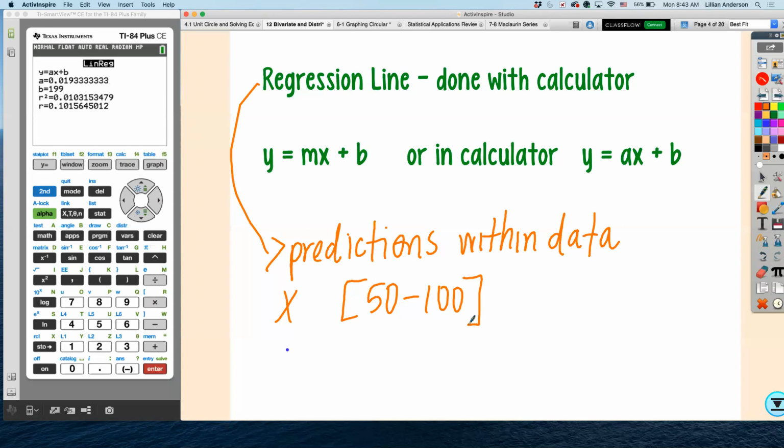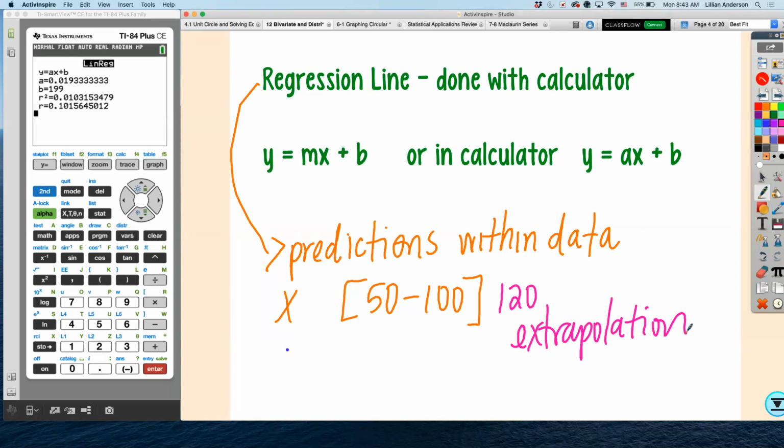But if it lies outside of your range, let's say they wanted you to plug in an X value of 120 and find whatever the Y value is. You can do it, you can find the Y value, but it will be considered an extrapolation because that value lies outside of your range.